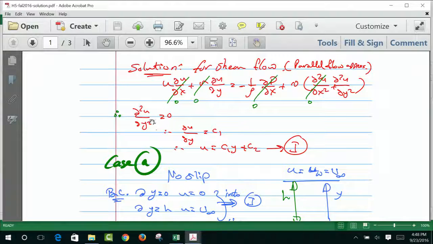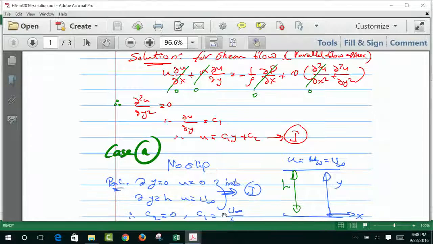So what's the integration of d squared u by dy squared equal to 0? This becomes the first gradient, partial u partial y equals c1, right? 0 becomes c1, and this becomes partial u partial y. This is important to notice, because one of you asked later, how did you know that c1 is partial u partial y?